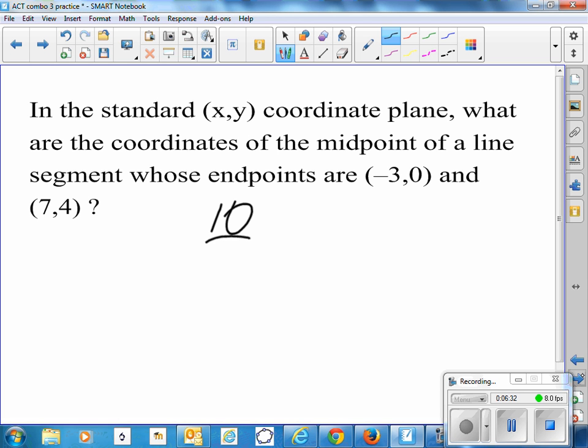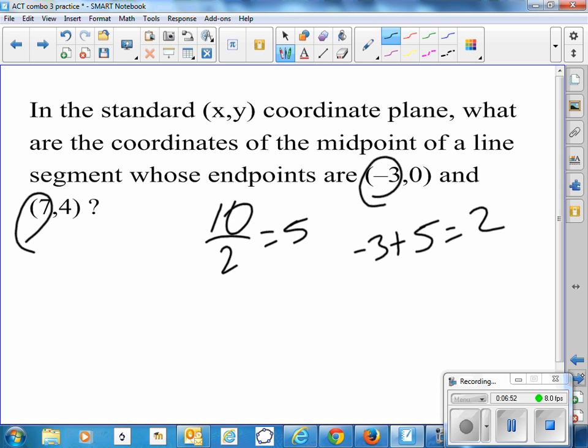Well, half of that is 5. So if I'm at -3 and I go 5 units towards 7, I will go from -3 up 5 to 2.